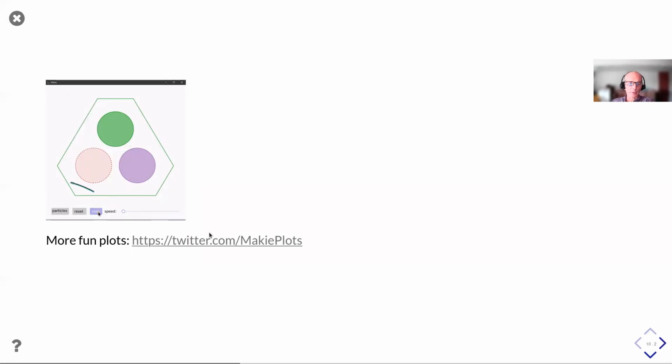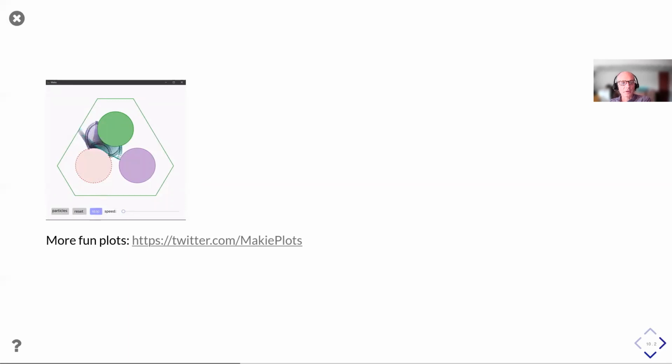There's a whole Twitter page, which I urge you to check out sometime, where people are uploading daily amazing new pictures of the graphics that they're using Makie to produce. So it's really a plotting framework that's worth envying and emulating in whatever other programming language plotting suites there may be.